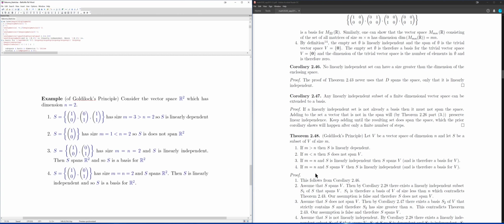So if the size of the subset is equal to the dimension and I know that it spans the vector space, then it is automatically linearly independent, and therefore it's a basis. It's similar to the third case, except now the only thing you need to check is the span. Over here, you check the linear independence and the span comes for free. Over here, you check the span and then the linear independence comes for free.